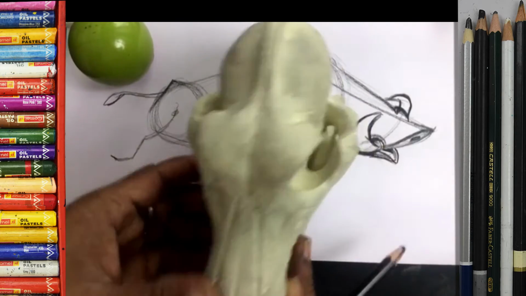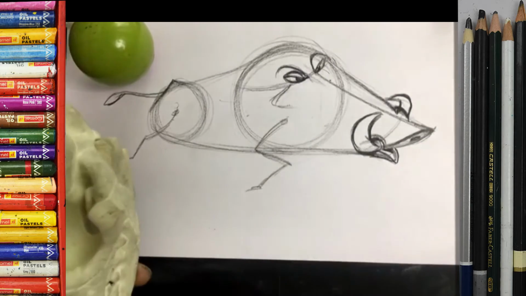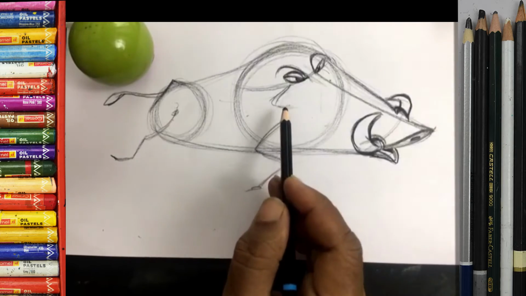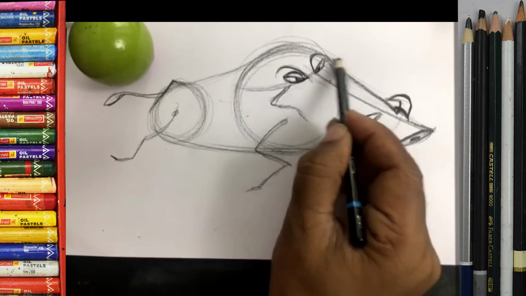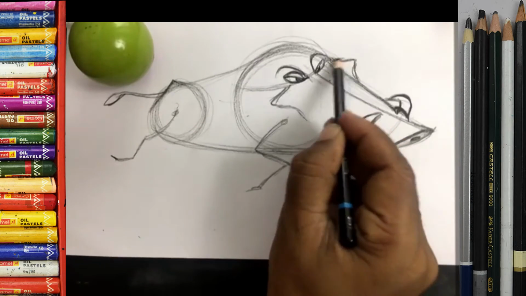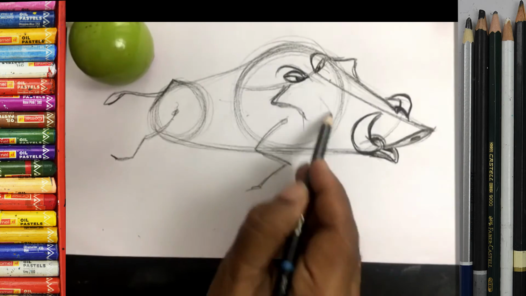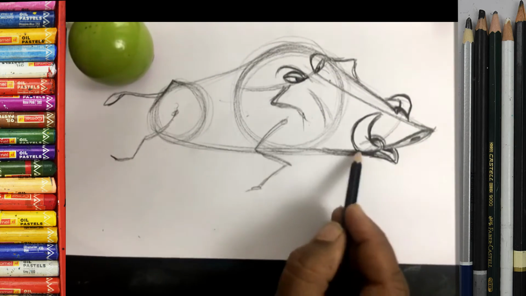This is two bone. So this bone I can draw over here, this two sides bone. One is this, and one is this. Just like this. So the mouth is already done.